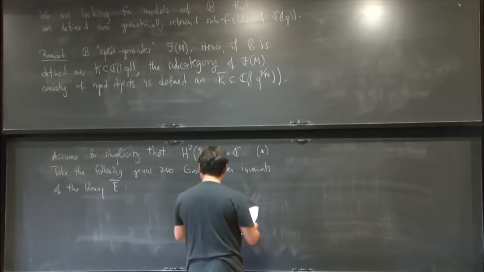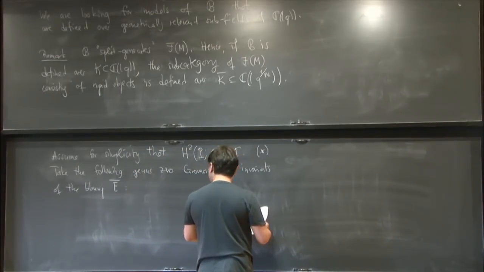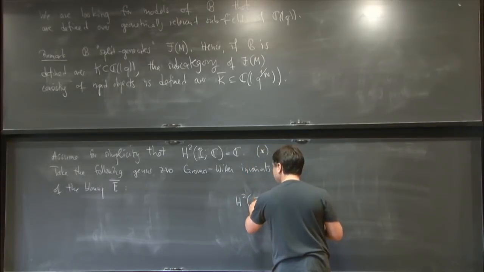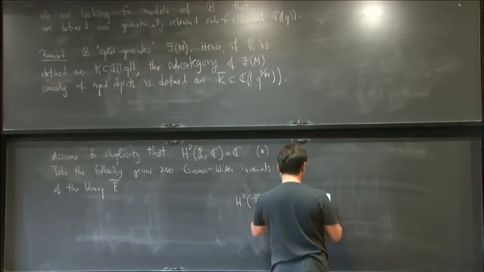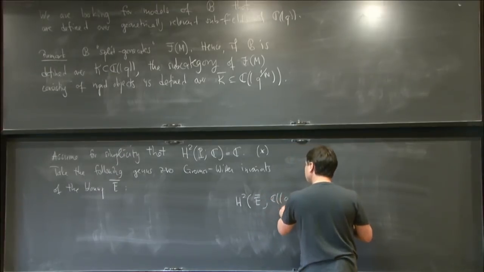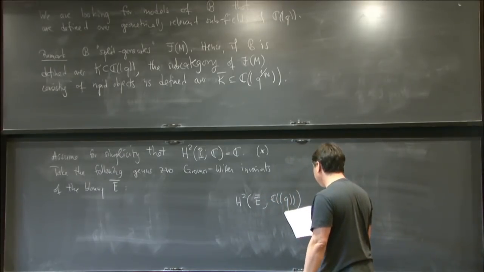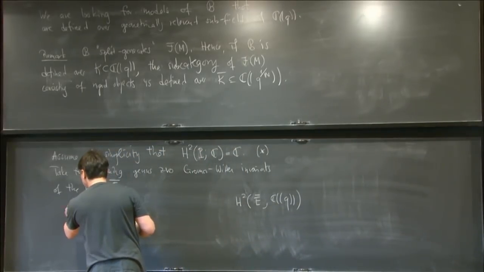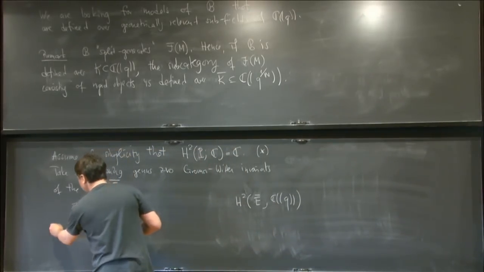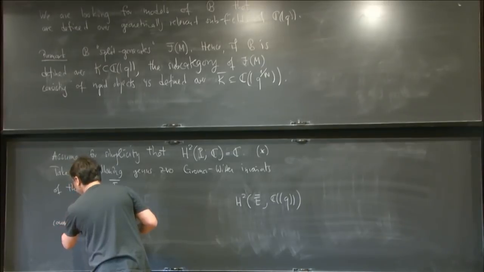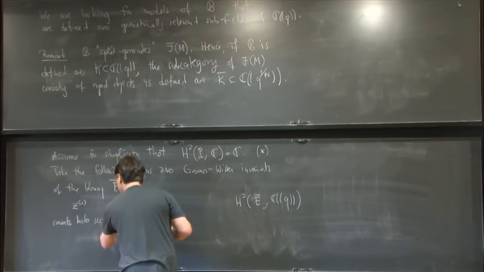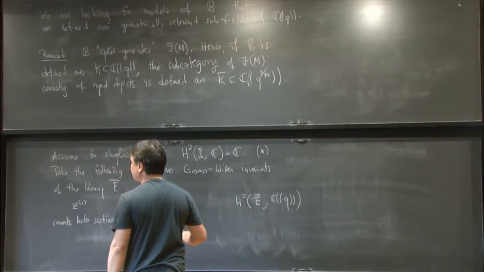So there's an invariant that lies in here, as usual with the usual Q series, and it actually counts holomorphic sections. Okay, which means it counts rational curves.